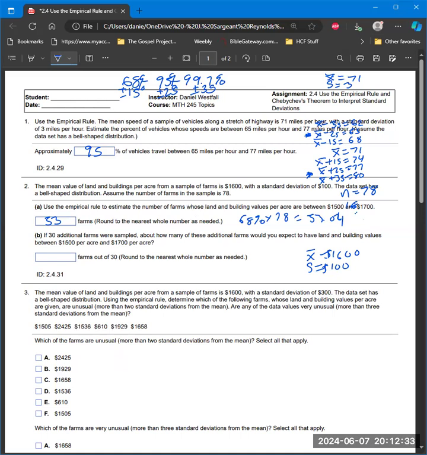So we want to find 68% of 108, which is going to be 73.44, and then minus the 53.04 from before is roughly 20. So we would expect about 20 more farms.